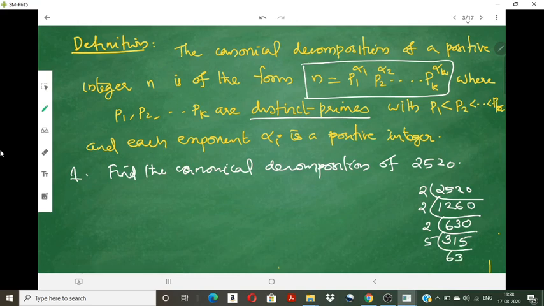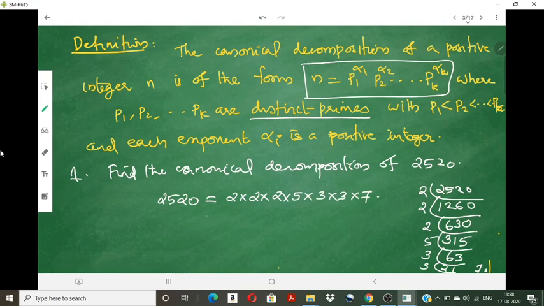Now 63 is divisible by 3, giving 21, and again by 3 giving 7. Now 7 is a prime number, so we stop at 7. So 2520 is 2 into 2 into 2 into 5 into 3 into 3 into 7.